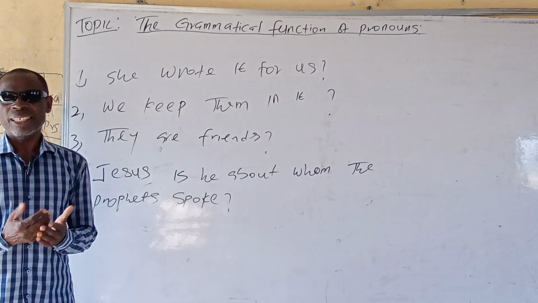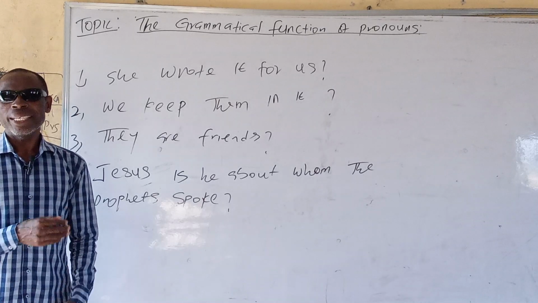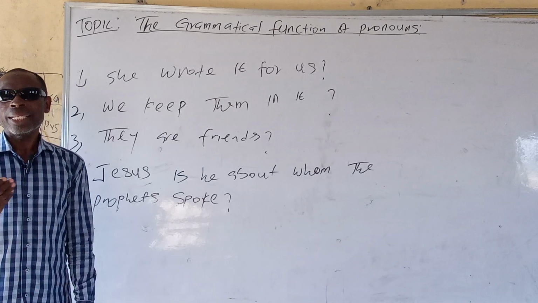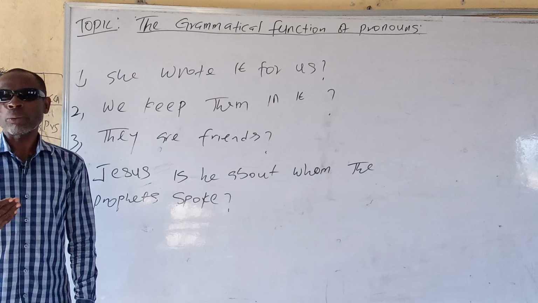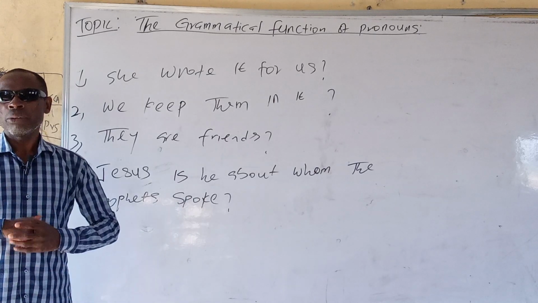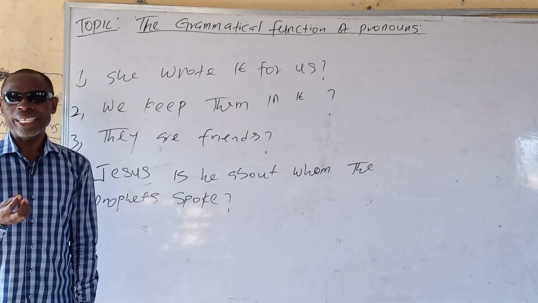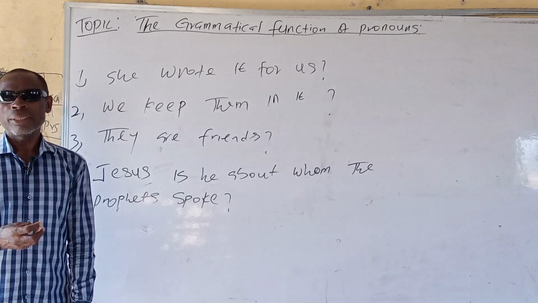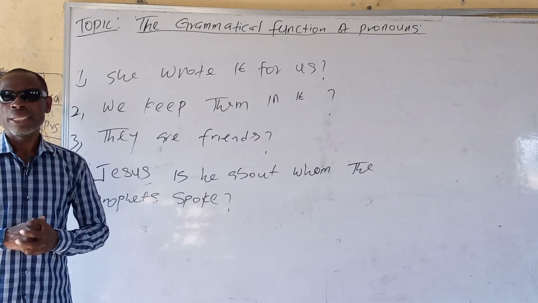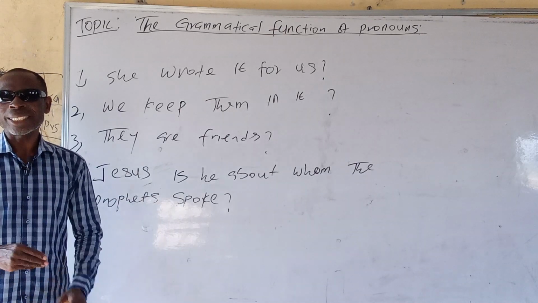So if we were asked, what is the grammatical name of we in sentence 2? That question simply requires us to identify the word class of we, that is the part of speech to which it belongs. Is it a noun, pronoun, verb, adverb, an adjective, a preposition, a conjunction, or an interjection?